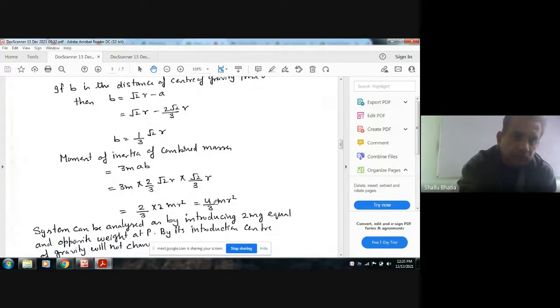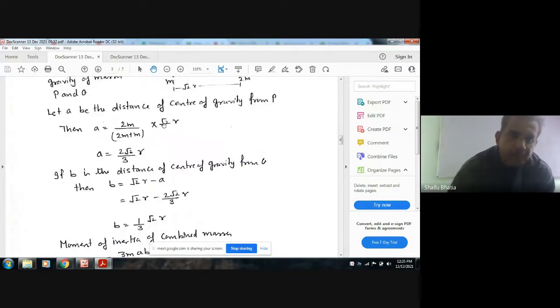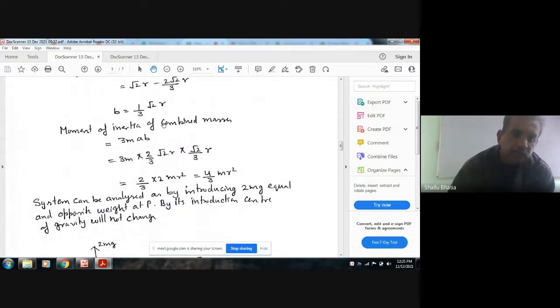So 3m A B. Putting the values of A and B, we find the mass moment of inertia of the combined system, that is 4 by 3 m R square.